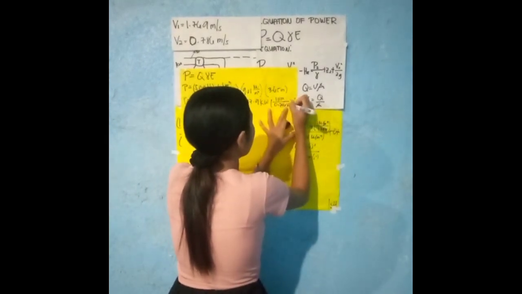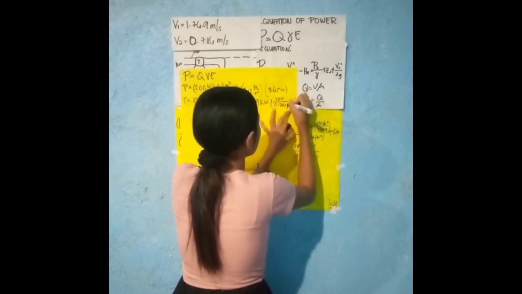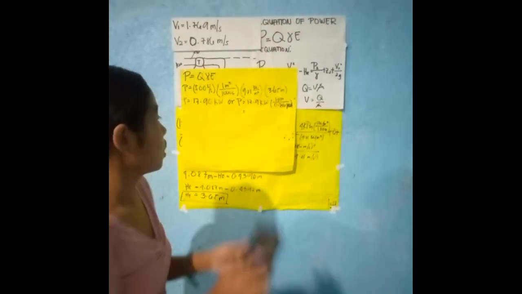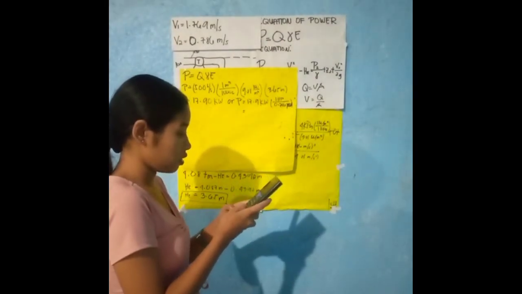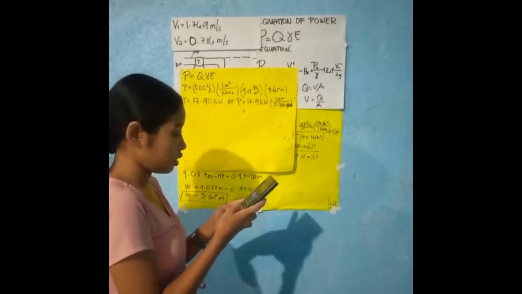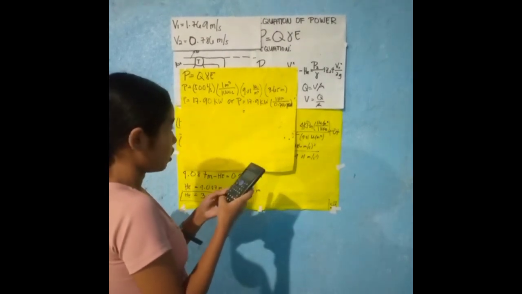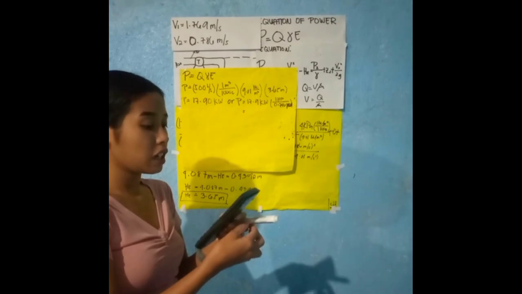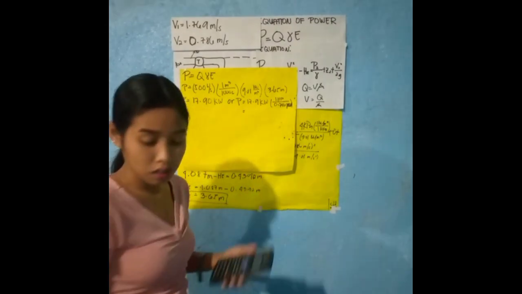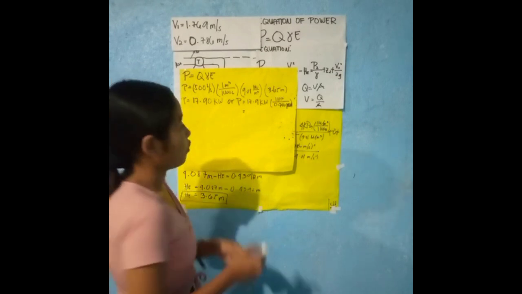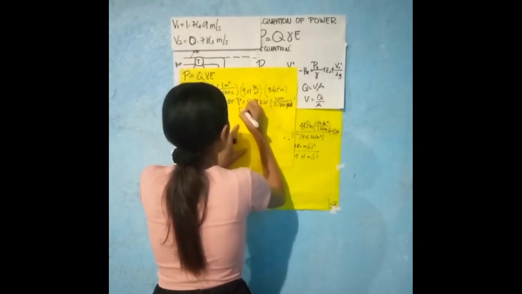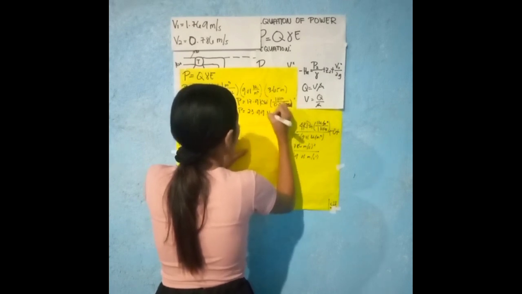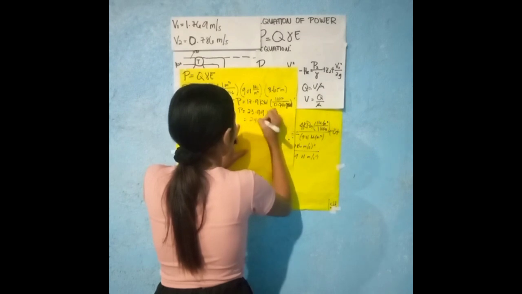Then we have 0.746 kilowatts per 1 horsepower. 17.9 divided by 0.746 equals 23.99, or it should be 24 horsepower.